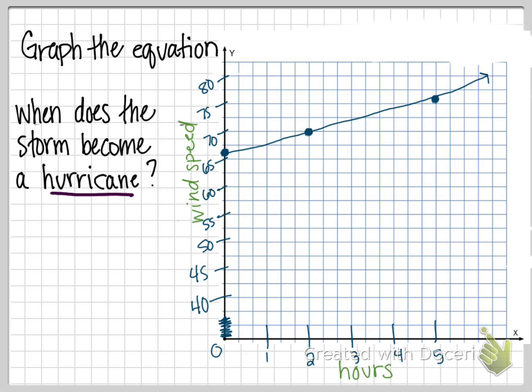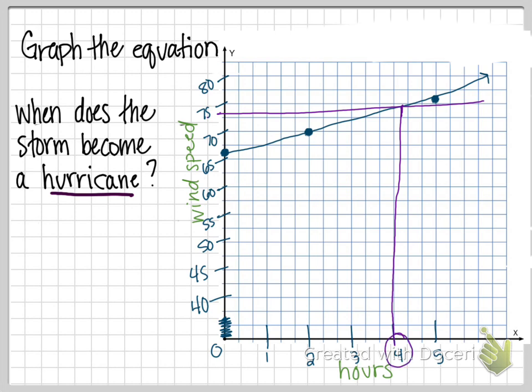So if we draw a horizontal line across from about 74, let's do this with just my free hand. Somewhere around here, right? So look at where it intercepts this line. Where it intercepts our blue line that's modeling our function is right at about 4 hours, right?